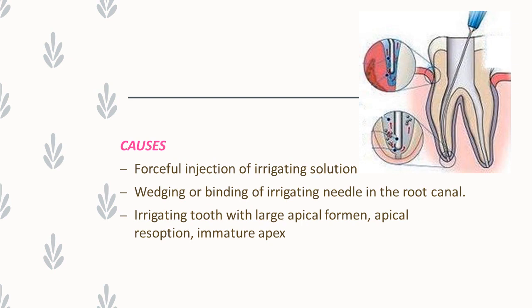However, in certain cases, especially when we are using sodium hypochlorite as an irrigant, when we use a forceful technique where we push the plunger very hard, or even when the needle is bound or wedged into the root canal, we try to express the irrigant without disengaging it inside the canal.